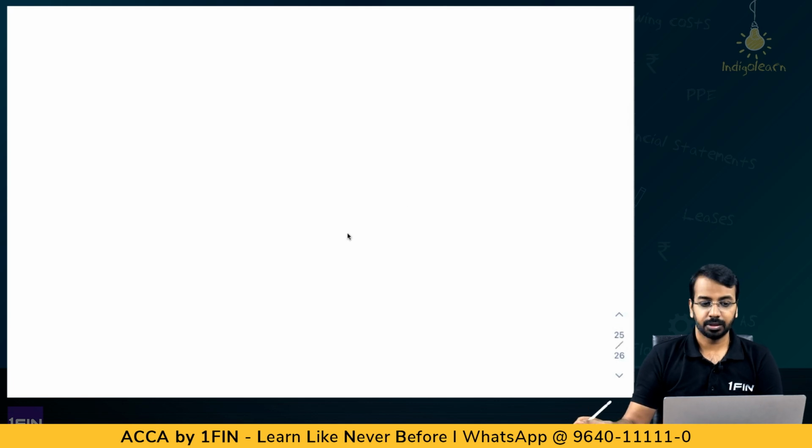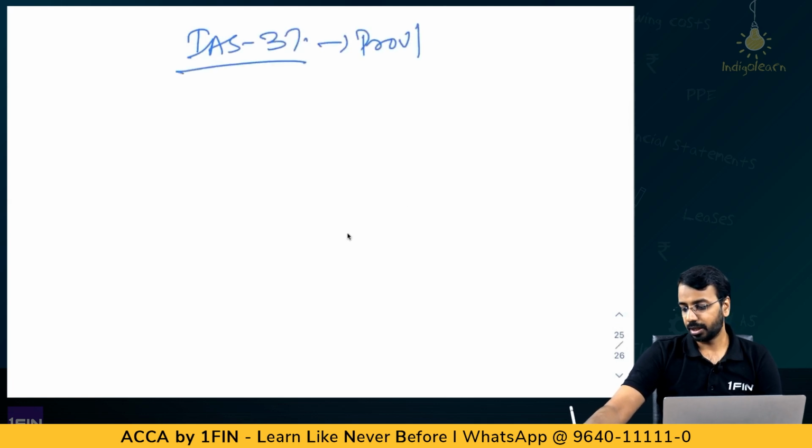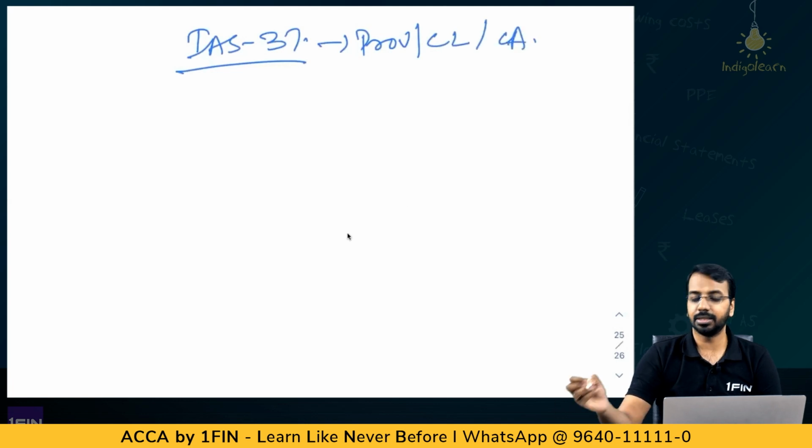Okay. Now, moving on to the next one, IAS 37, which deals with provisions, contingent liabilities and contingent assets.